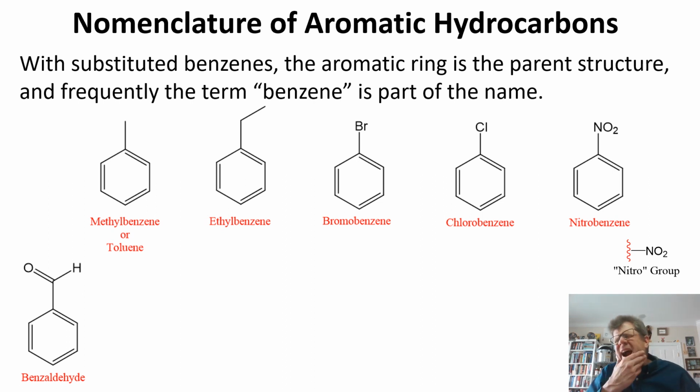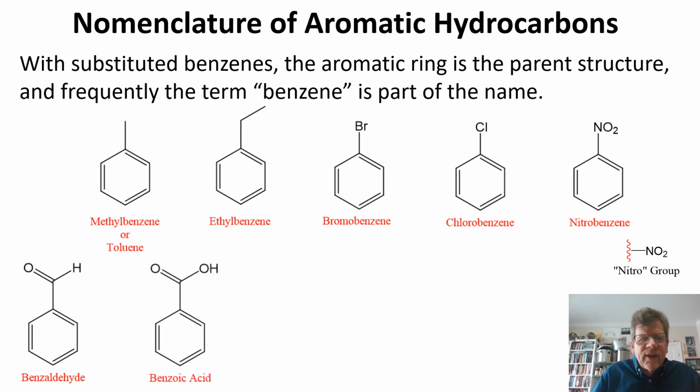I could take an aromatic ring and pop on a different functional group, such as a carboxylic acid, and then I would have the parent structure known as benzoic acid. Again, benz as the contraction of benzene, and oic acid, the word acid is the key here because this is a carboxylic acid functional group, benzoic acid.